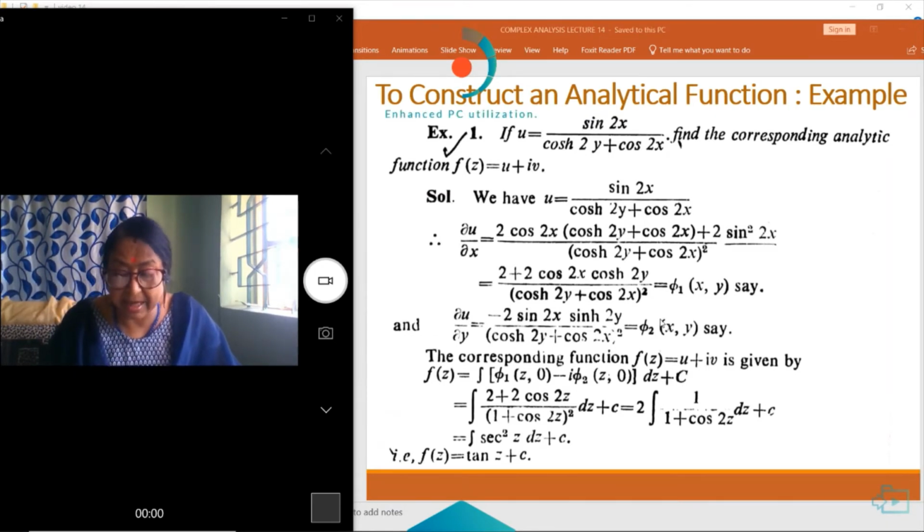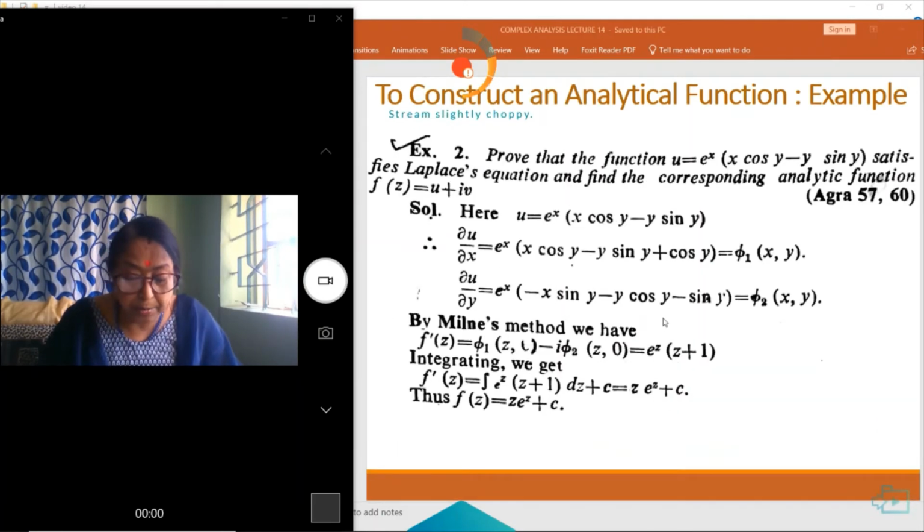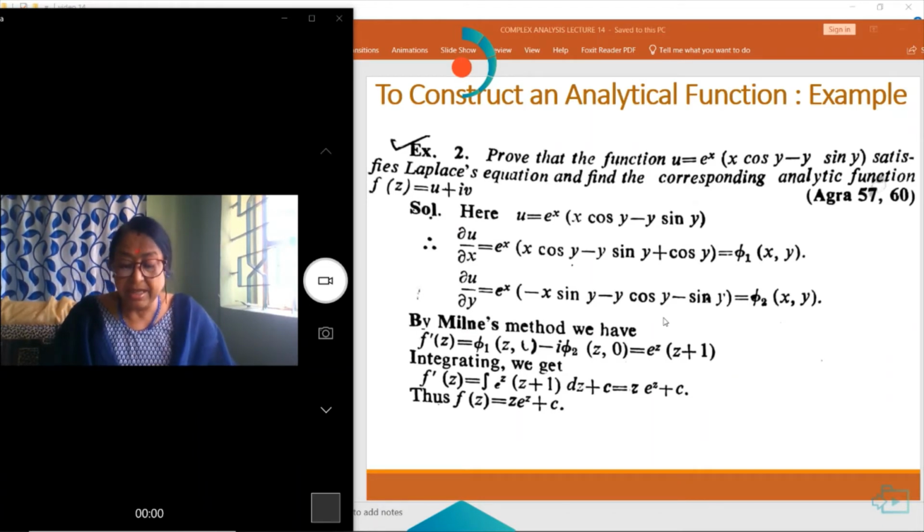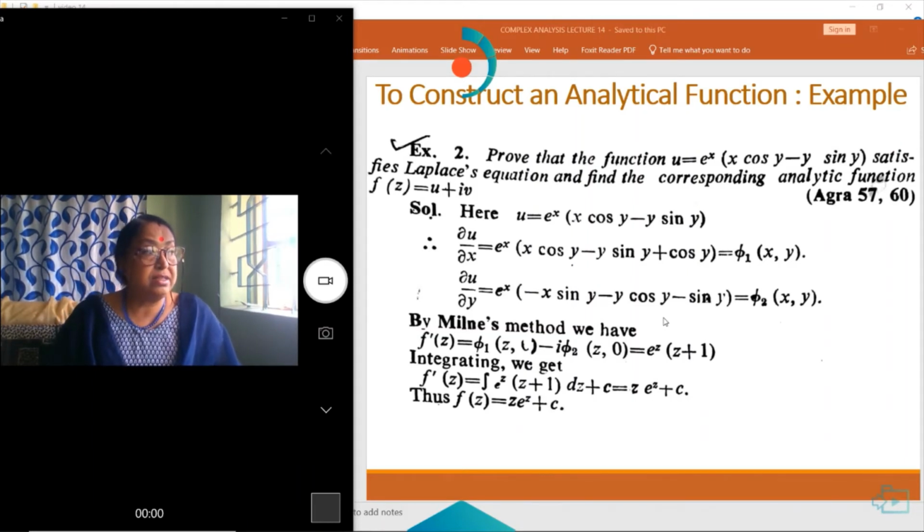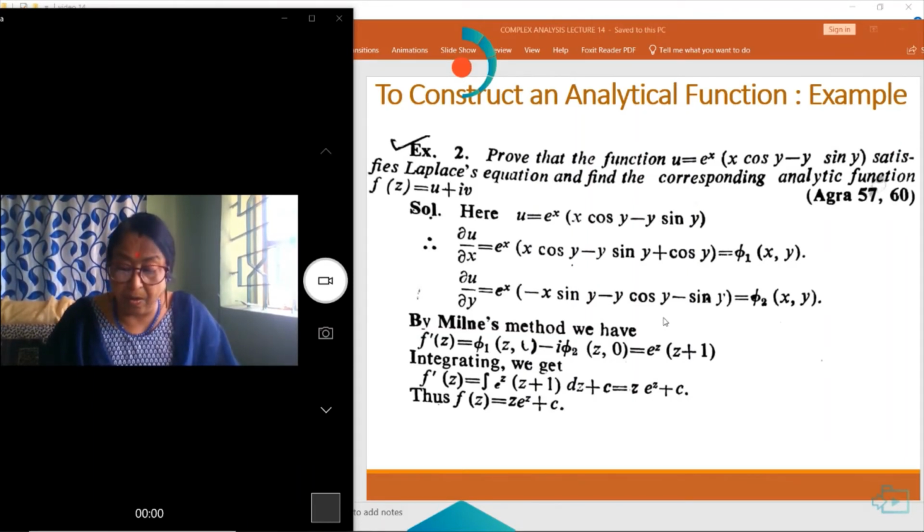Next, take another example. Prove that the function u given on your screen satisfies Laplace's equation and find the corresponding analytic function f(z) = u + iv. This is an example of finding the analytic function when the function u is given.